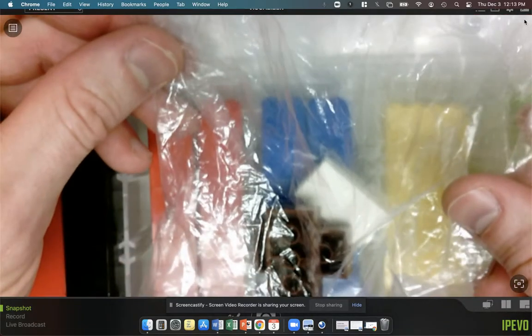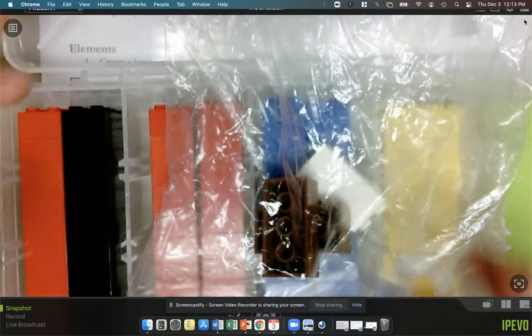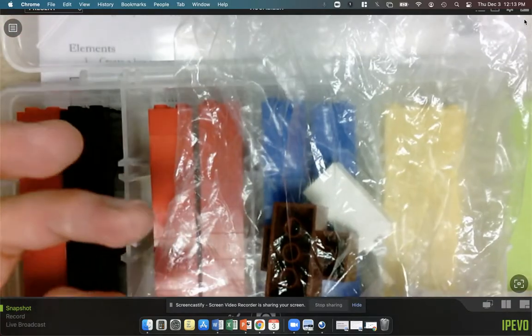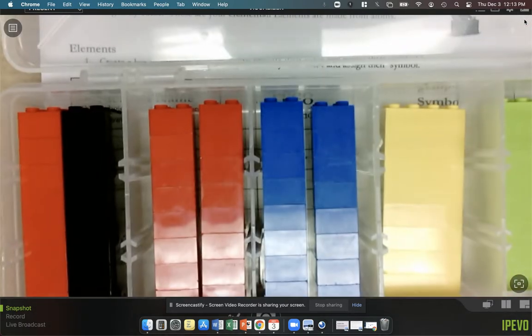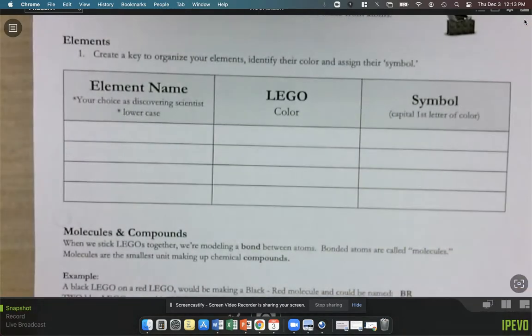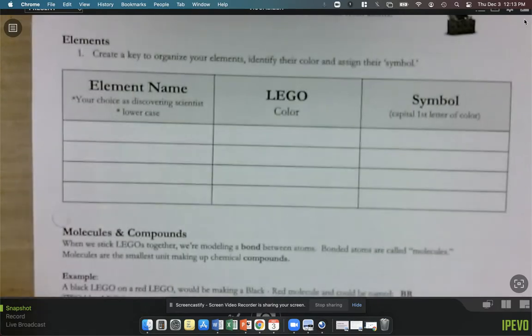That's kind of what you're doing here. You're mixing them together. Then there'll be some questions asking you, when these are mixed together, is it a compound? Is it an element? So do the best you can on those. I appreciate the group that's doing this first. You're kind of the guinea pigs right off the bat.